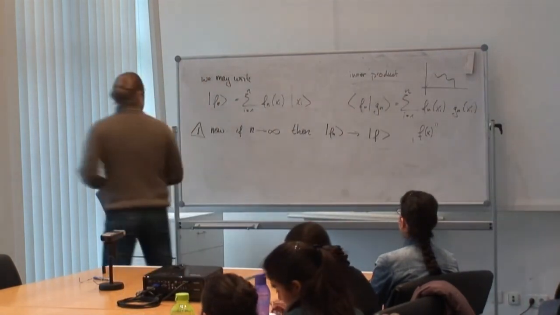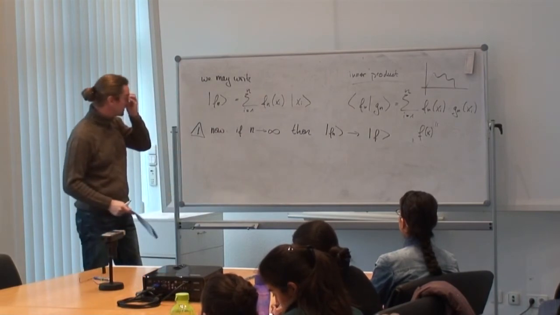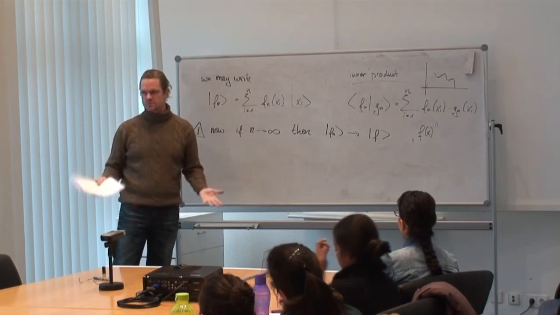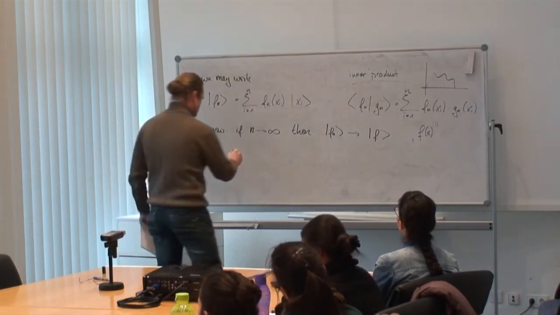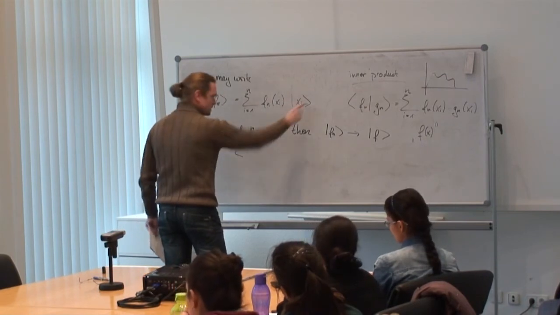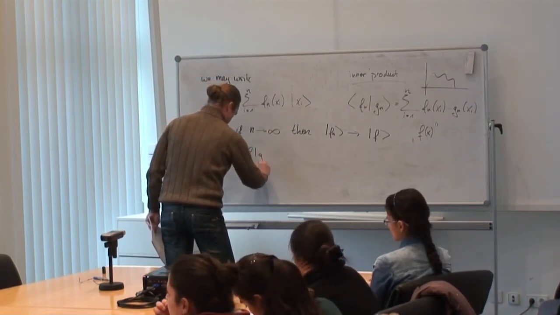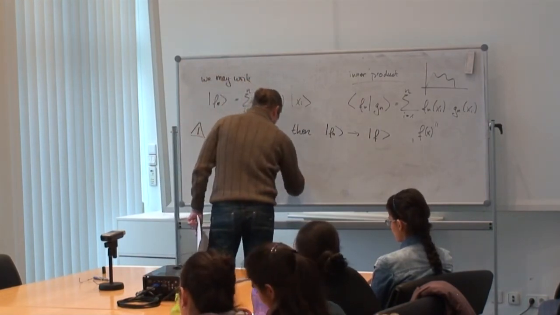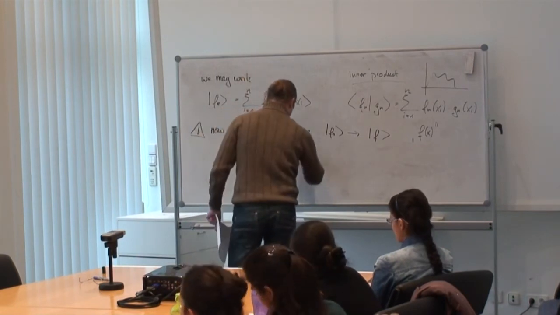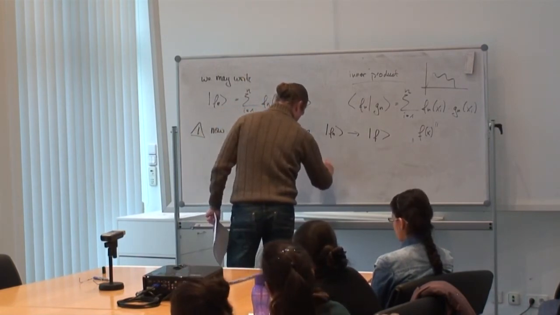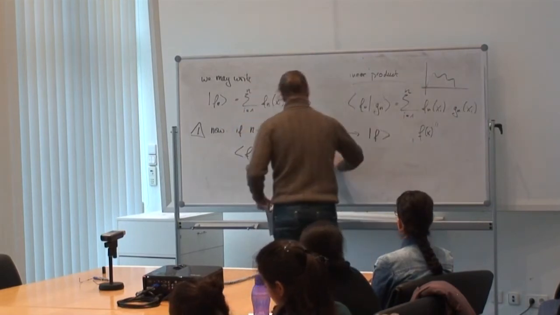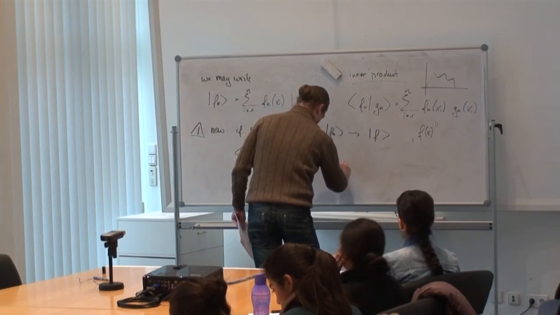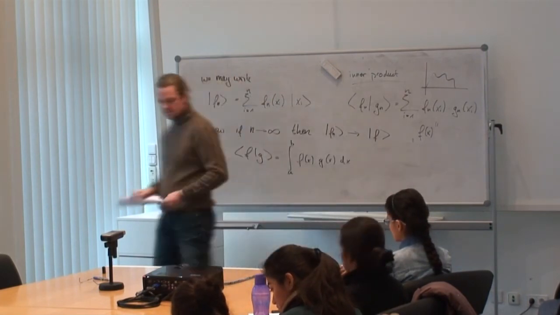Now, whenever these things in a summation become very large, the summation becomes an integral. Okay, and that is to say that the inner product between two such functions is now the integral, say, from a to b of f of x g of x dx. Right?